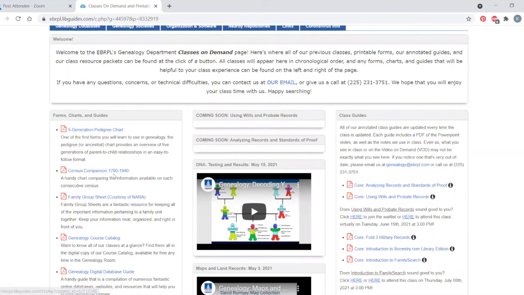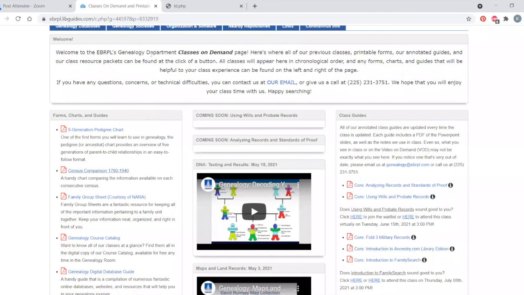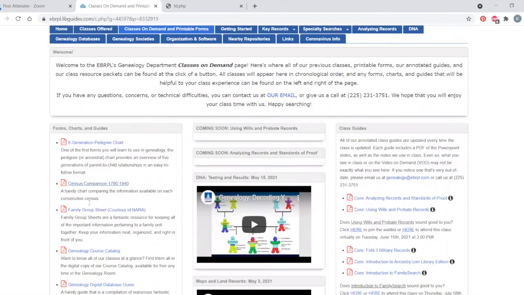Right here is the census comparison form. So it's going to tell you name of head of family only, which censuses that was included on, so on and so forth. So this is a really cool little piece. And then we added the cousins chart. Oh, did we add the cousins chart?